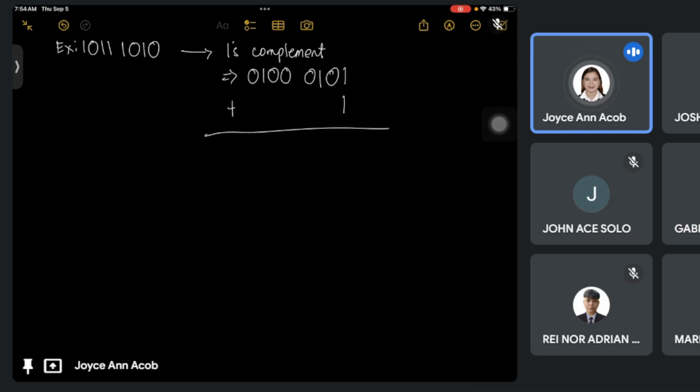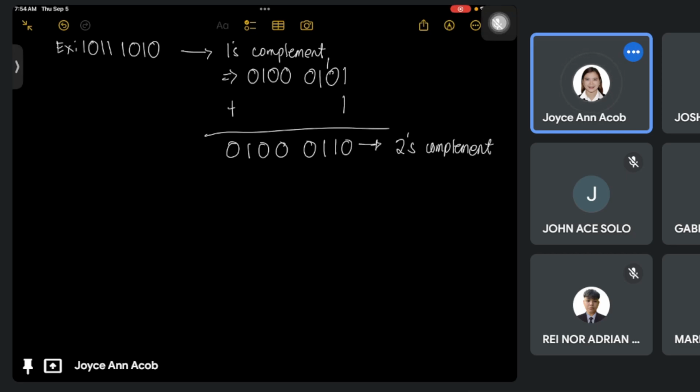So 1 plus 1 ay 2. Then 1, 0, 0, 0, 1, 0. So this is the two's complement. So ganyan lang po. Naunawaan dito.